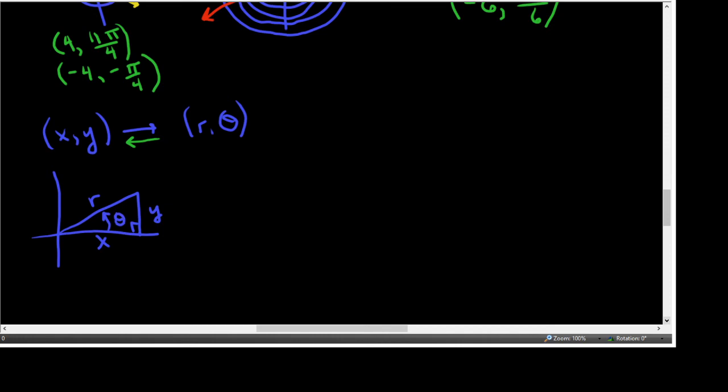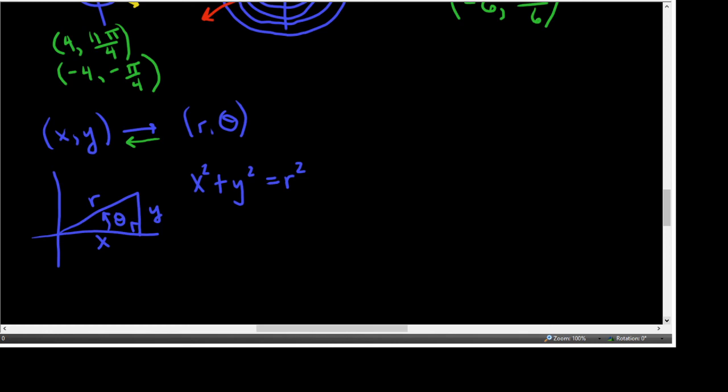So if we know x and y, what could we use to find r? Well, since those are the three sides of a right triangle, we know that the Pythagorean theorem applies. So x squared plus y squared equals r squared. If you know x and y, you could use this equation to solve for r.